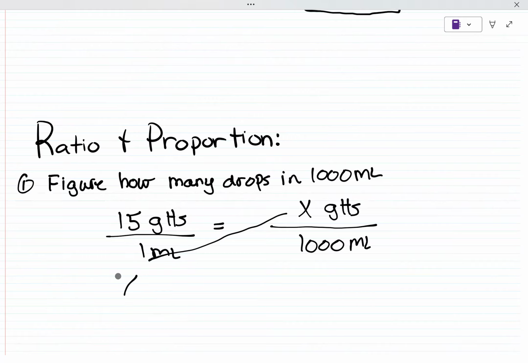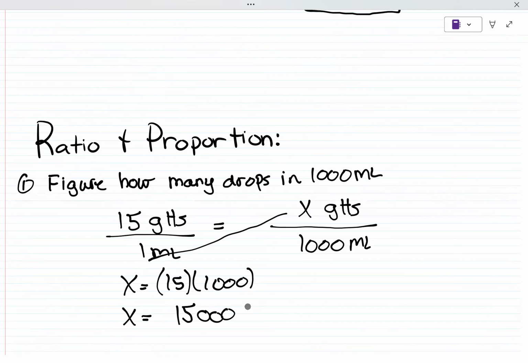So X equals 15 times 1,000. And what's 15 times 1,000? 15,000. 15 and then three zeros. And then it's going to be drops.